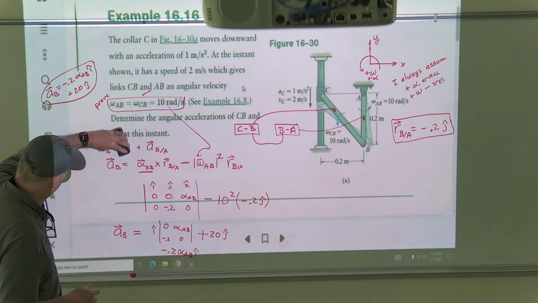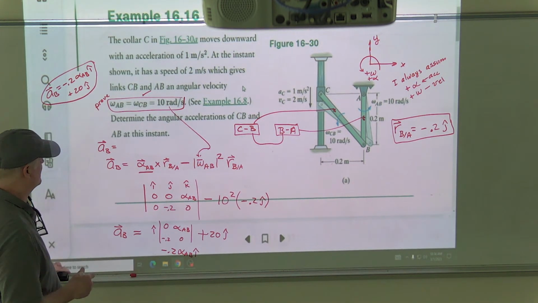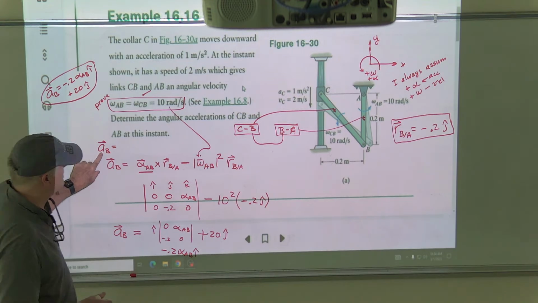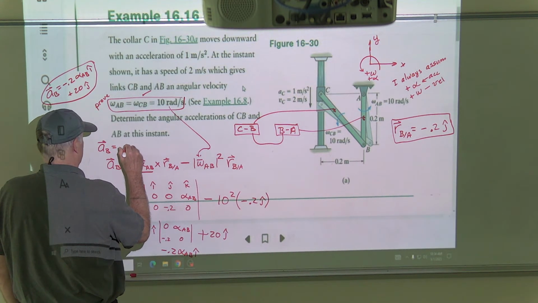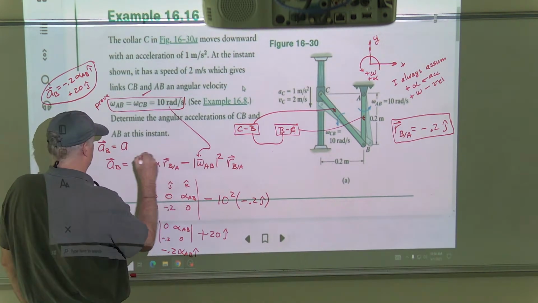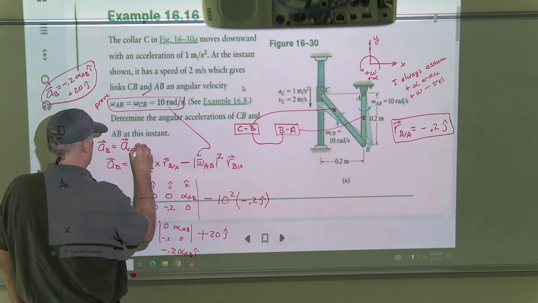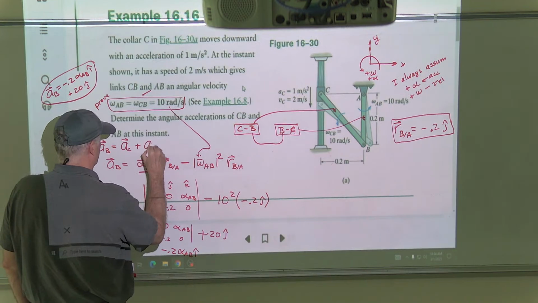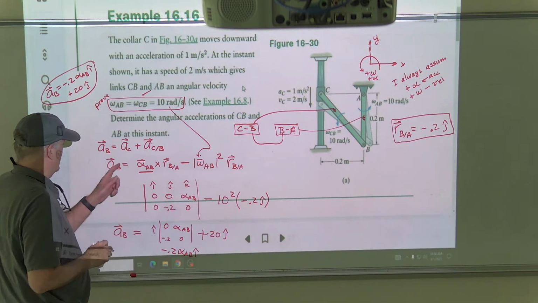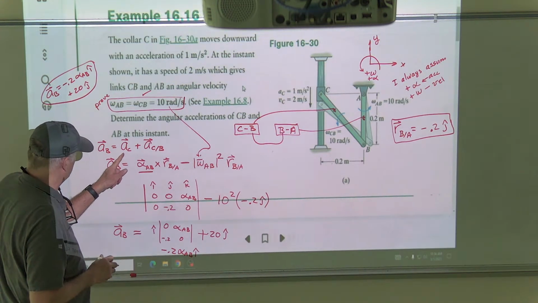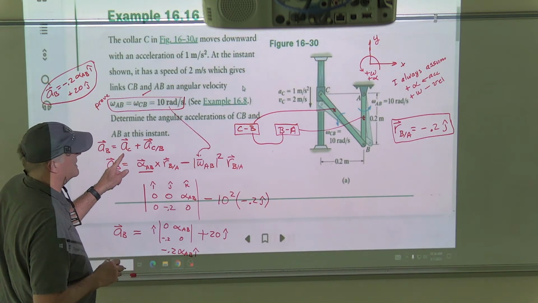So what I'll do, actually, you know what I'll do? I'll do it a step at a time. Acceleration of B on this link is equal to acceleration of C plus the acceleration of C relative to B. Okay, this time, acceleration of C is actually known.